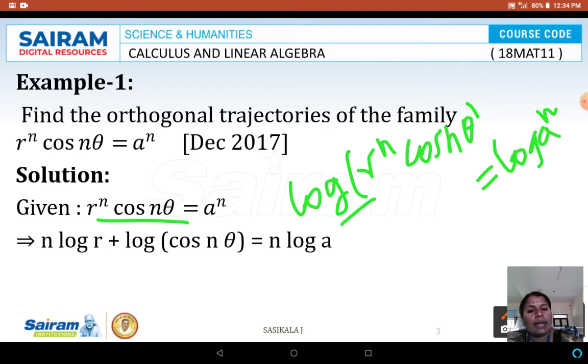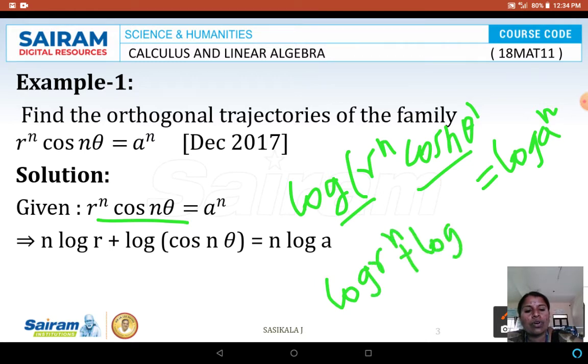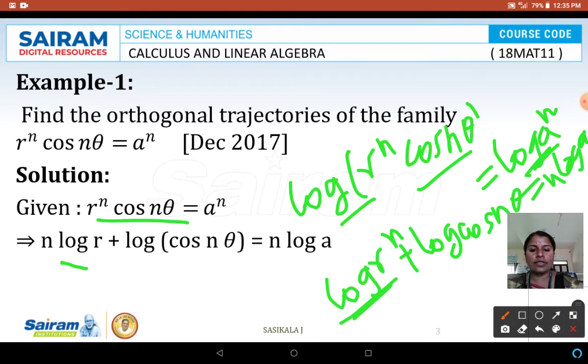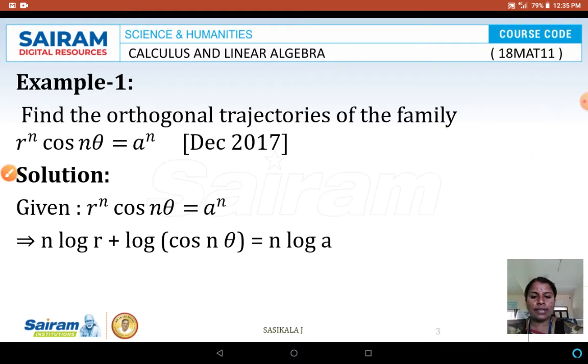Now, log a plus log b, so log of r power n plus log of cos n theta is equal to, applying the power rule, n log a. Again, r power n can be written by the power rule as n log r. So n log r plus log of cos n theta is equal to n log a. That is the second step.